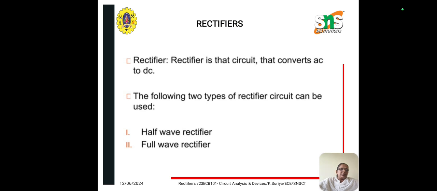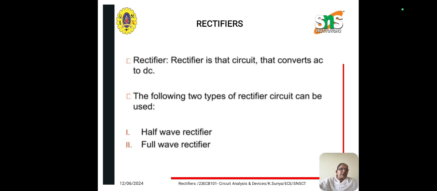Rectifiers do this process by allowing the current to flow through one direction, and the process taking place here is called rectification. Rectifiers work by using diodes, which are like one-way valves for electricity.